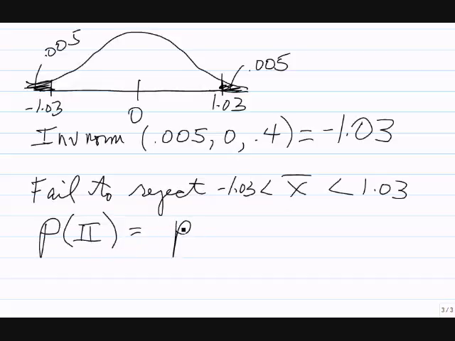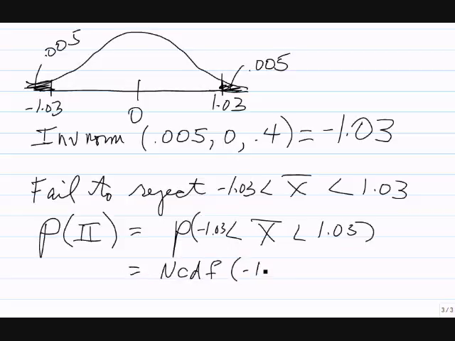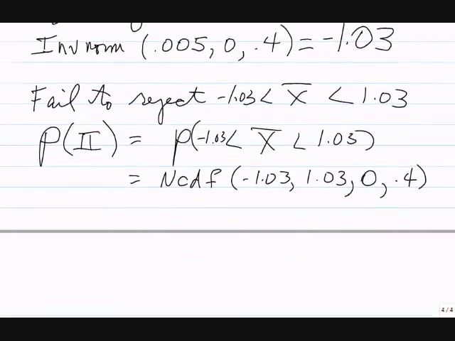Okay. All right. So my probability of my type 2 error is going to be the probability that my sample means are between negative 1.03 and positive 1.03. For that, I'm going to do a normal CDF from negative 1.03 to positive 1.03, giving it the mean and the standard deviation. Now, what is the probability of my type 2 error?